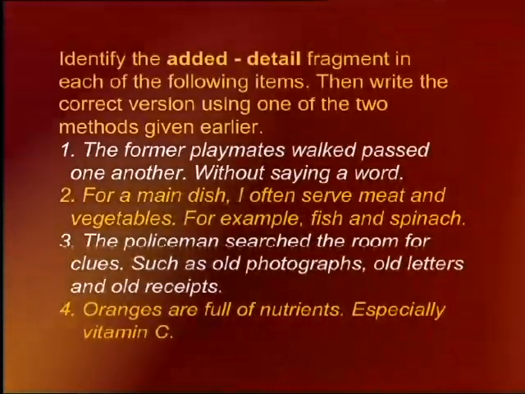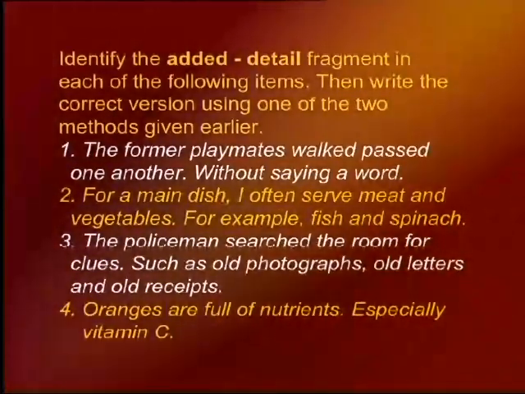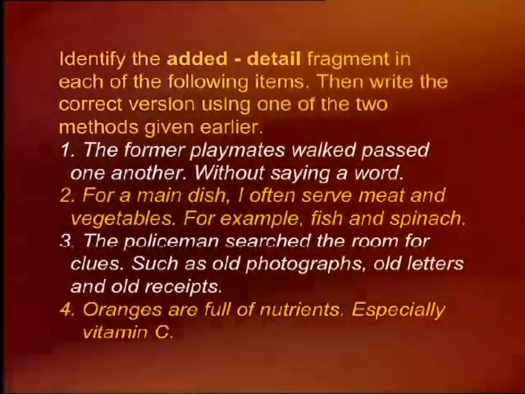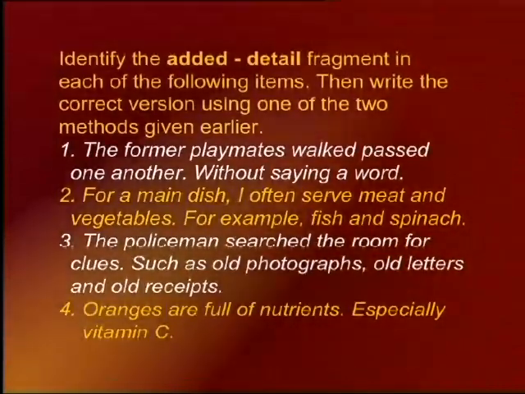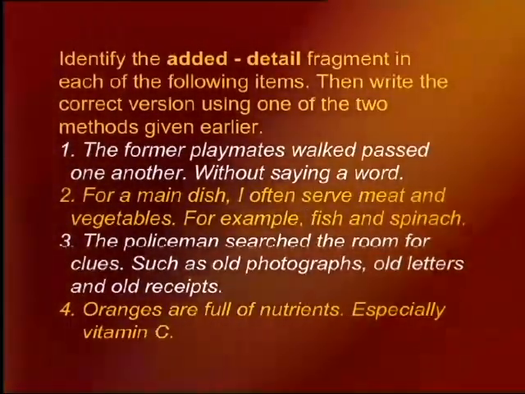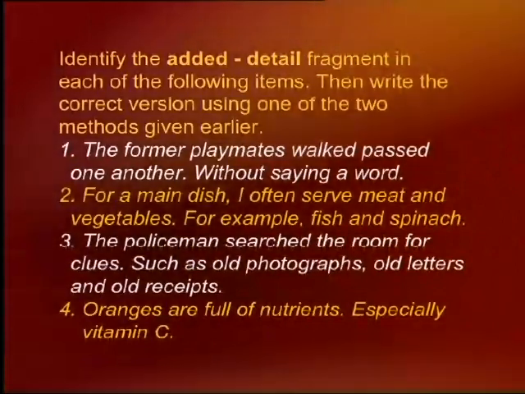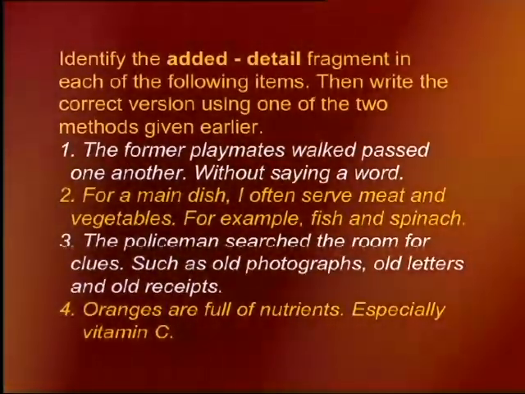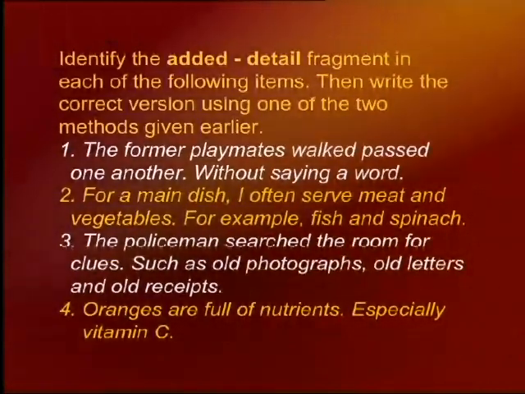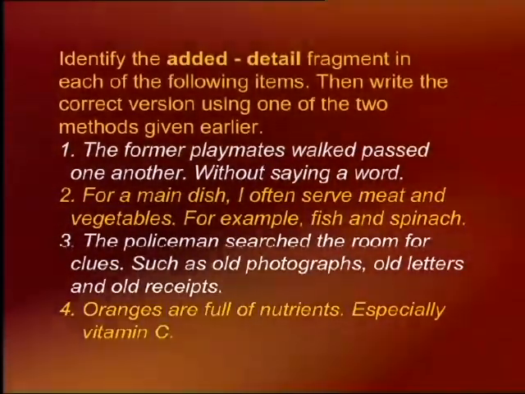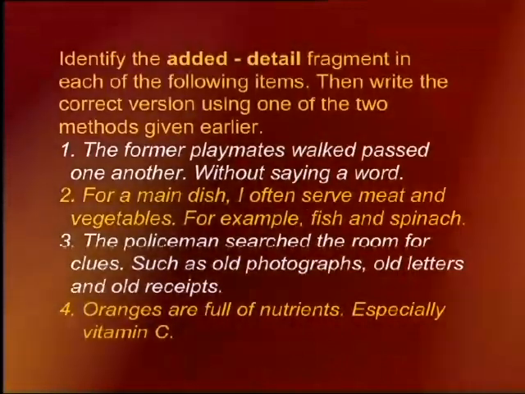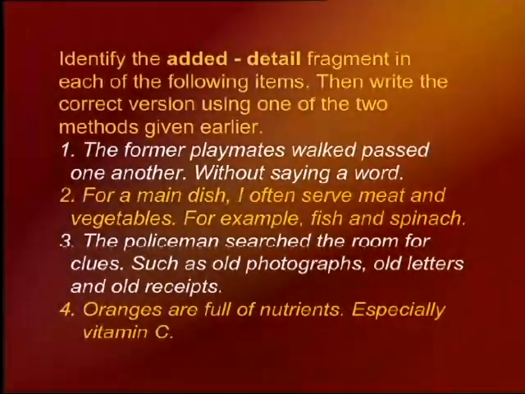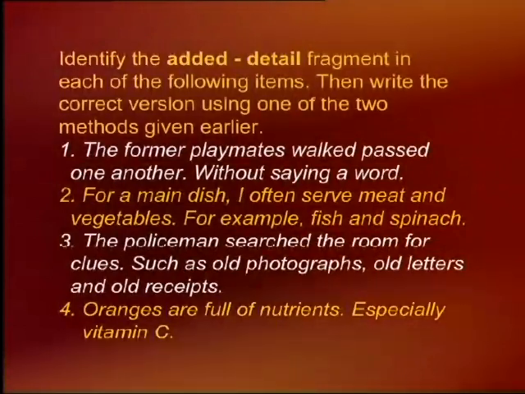Sentence number 3: The policeman searched the room for clues such as old photographs, old letters, and old receipts. Correct this? You can do it this way. You can add the fragment part to the main sentence.